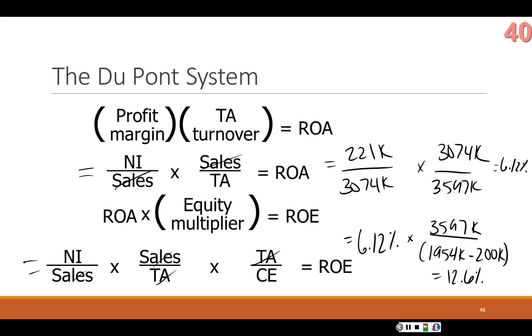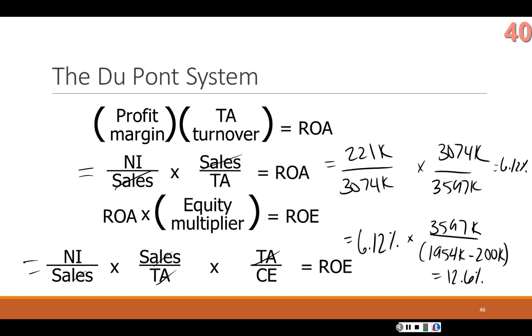So ROA, that means that this company made 6.12 cents on every dollar of sales. Oh, I'm sorry, their profit margin was 7.2 cents, so 7.2%. So they made 7.2 cents on every dollar of sales, and assets were turned over 0.85 times during the year, so that makes ROA 6.12%.